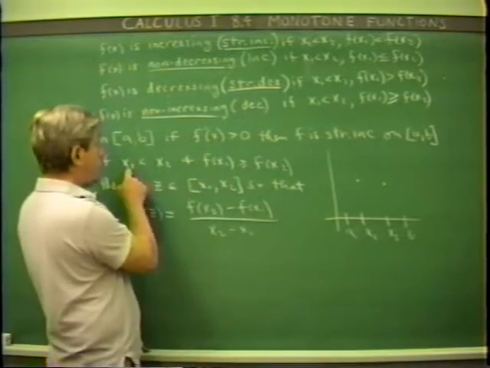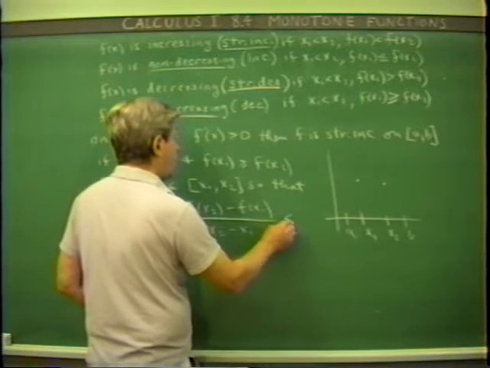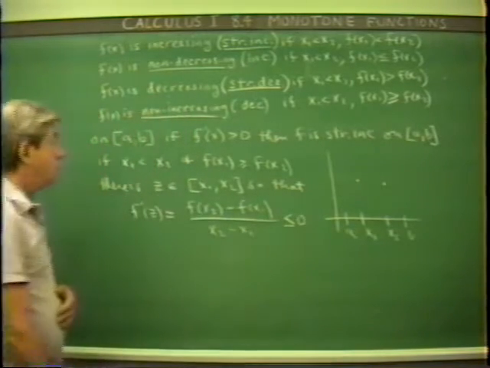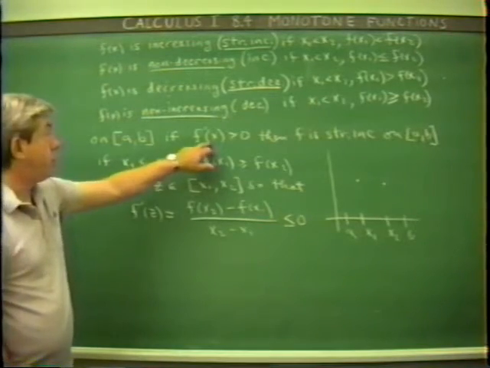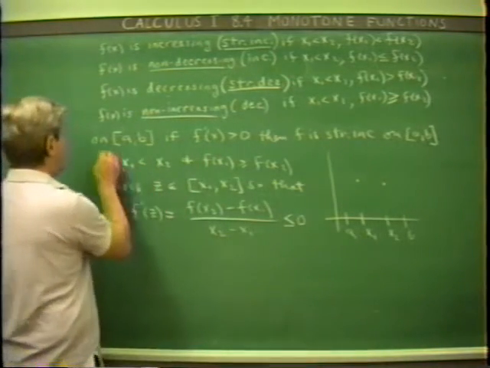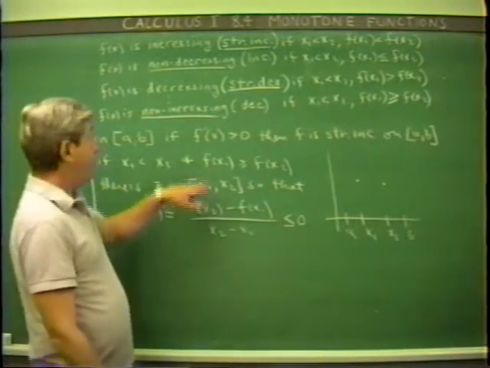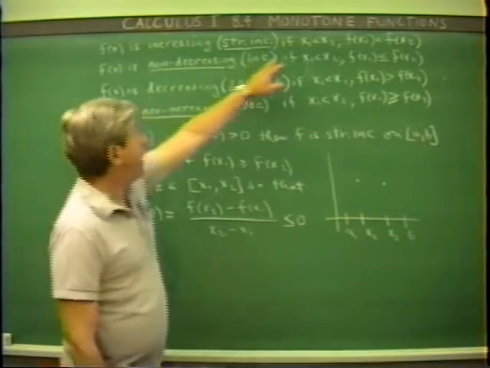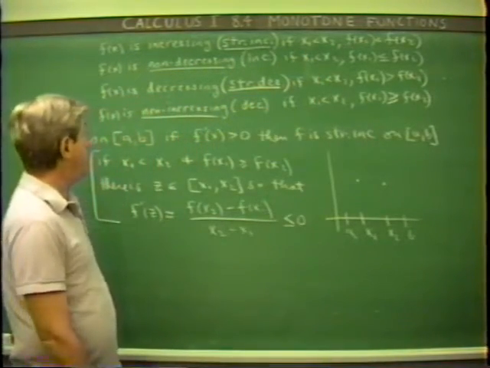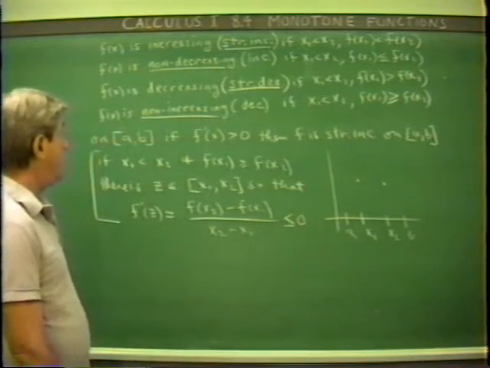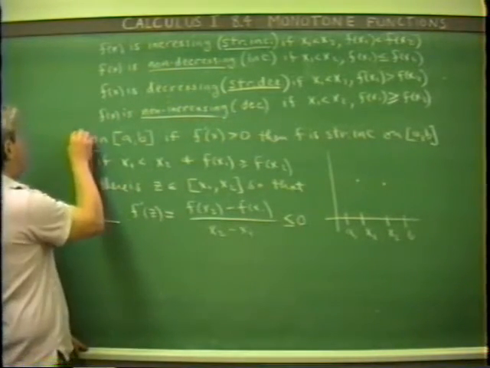But f(x1) is larger than or equal to f(x2), and x2 is larger than x1, so that says that this is less than or equal to 0. But f prime of z supposedly was greater than 0, and so it's not possible that this happened. This is not possible, and so it must be that for any 2 points, x1 and x2, in the interval, f(x1) is less than f(x2), and f is strictly increasing on the interval.